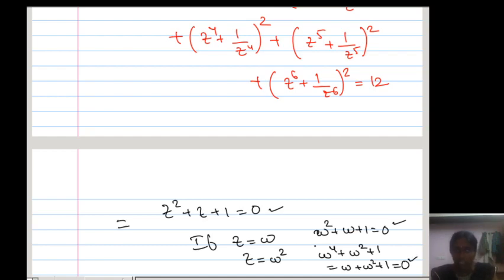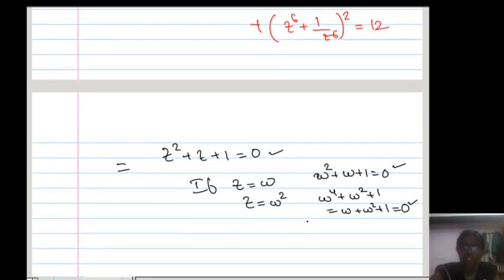You got RHS. What do you observe here? The possibilities of z here are ω and ω². Otherwise, you know that x² + x + 1 = 0 is a quadratic equation. If you apply (−b ± √(b² − 4ac)) / 2a, you understand that you are getting ω and ω² only.